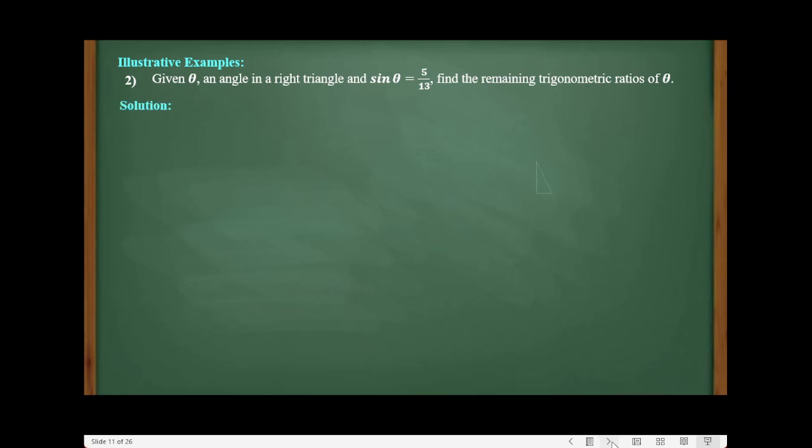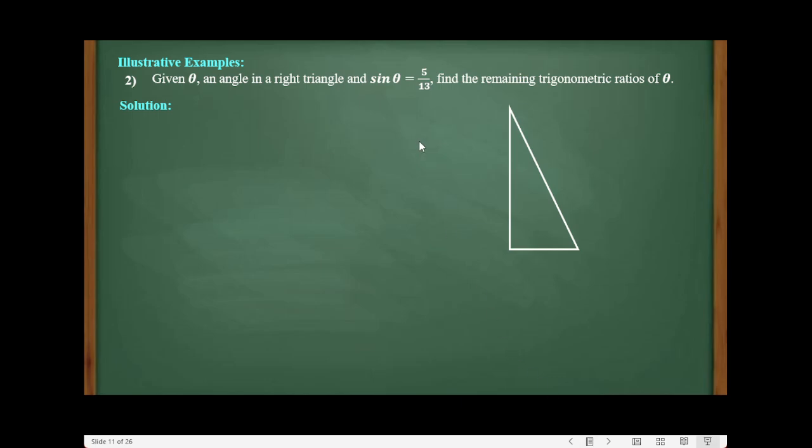So for our solution, we need to draw a right triangle, and we label those two given sides and the theta, based on this given trigonometric ratio, which is sine. We know that the 13 here is the hypotenuse, while the numerator 5 is the opposite leg to angle theta.